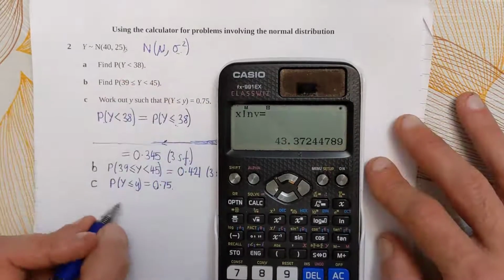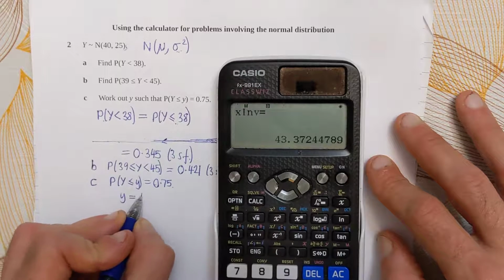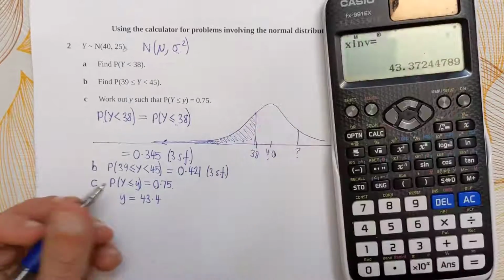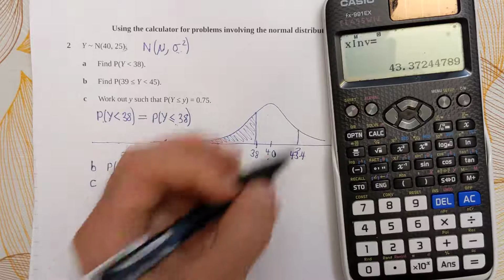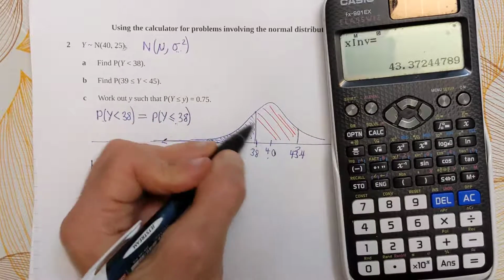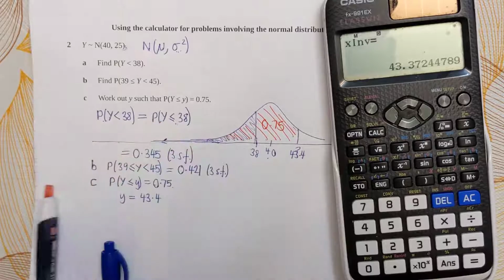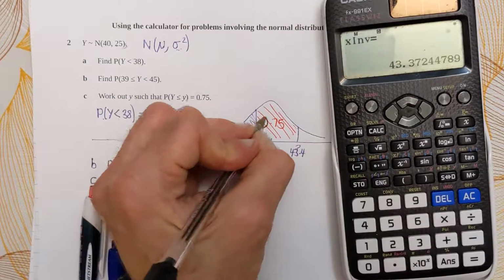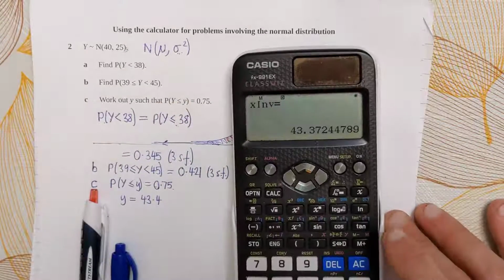So when you press equals, you get 43.4. So the area up to and including 43.4 will be 0.75. If I use a different color, it's clearer.